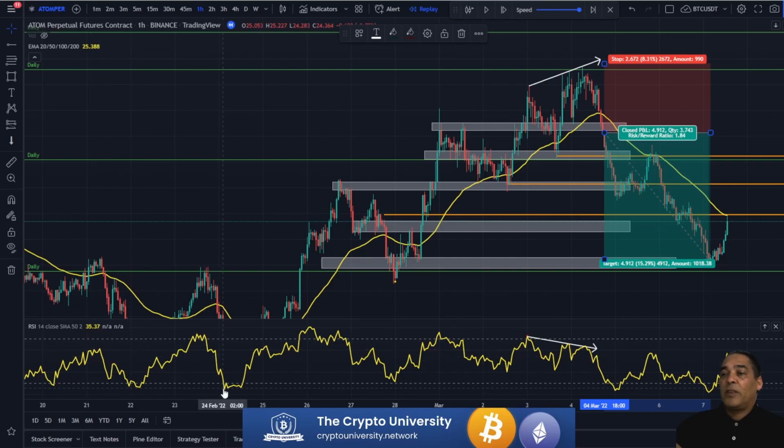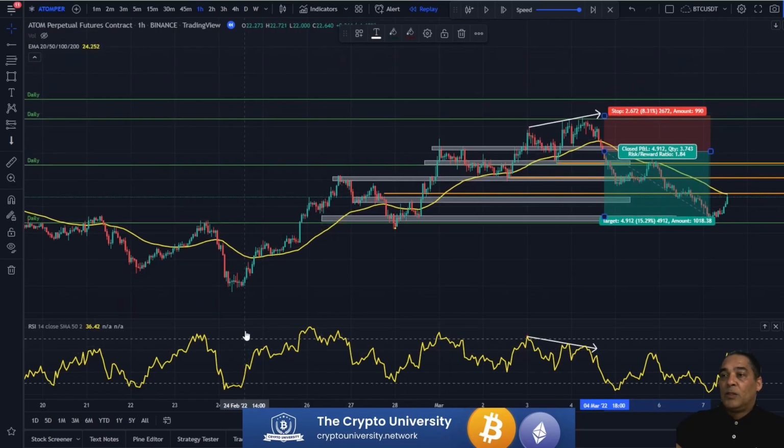So let's hold it there. That one is giving me a reading of 24.49. And if I keep my cursor at the next one, it will give me a reading of 26.26. So based on that, this is 24 and this is 26. So if it's tight like this and you're not sure if there is bearish or bullish divergence happening, you could always just use your cursor to find that out.